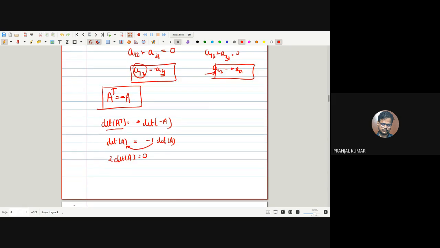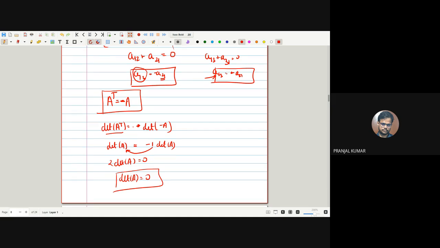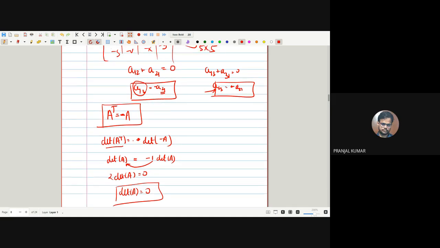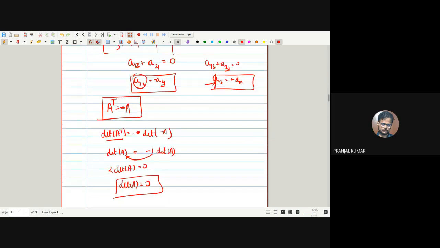This means that the determinant of A should be 0. Anyone? Is this correct? Anyone who would like to answer differently?